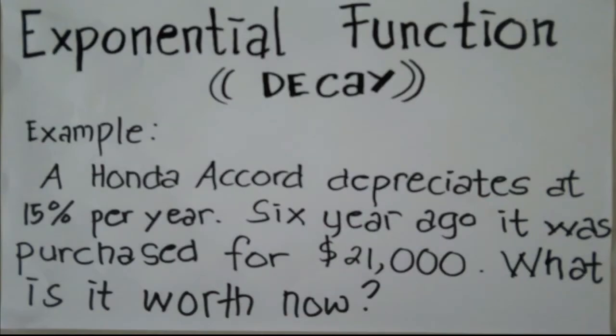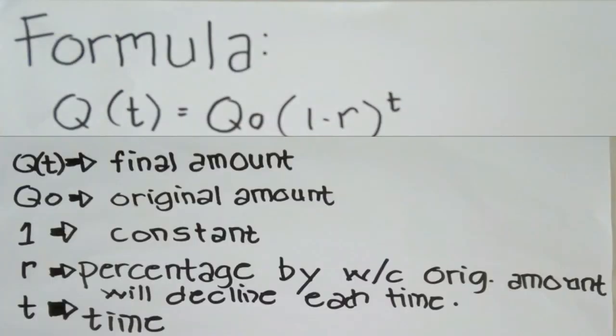I have an example here. A Honda Accord depreciates at 15% per year. Six years ago, it was purchased for $21,000. What is the worth of it now? Let's find out by using the formula of exponential decay. The formula is Q of t equals Q sub O times the quantity 1 minus r, to the power of t.